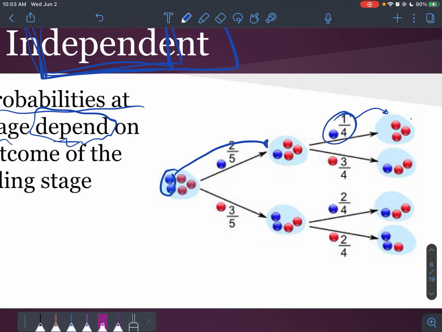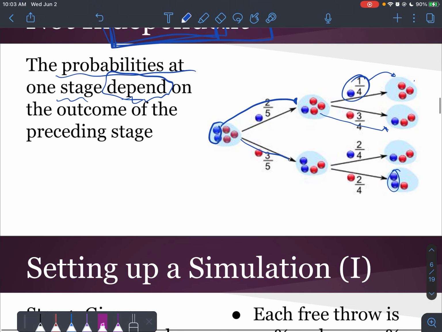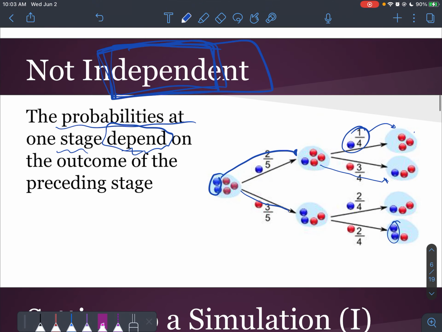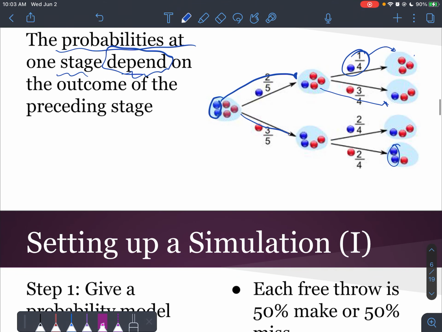If you took a red out at the second stage, well, 1 of the 3. If you took a red and then a red, you would have two of the blues remaining there. So one stage depends on the other.